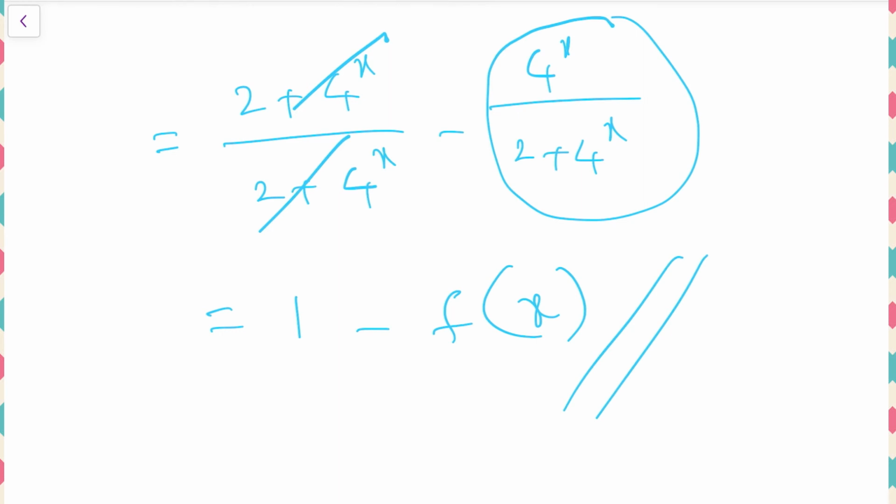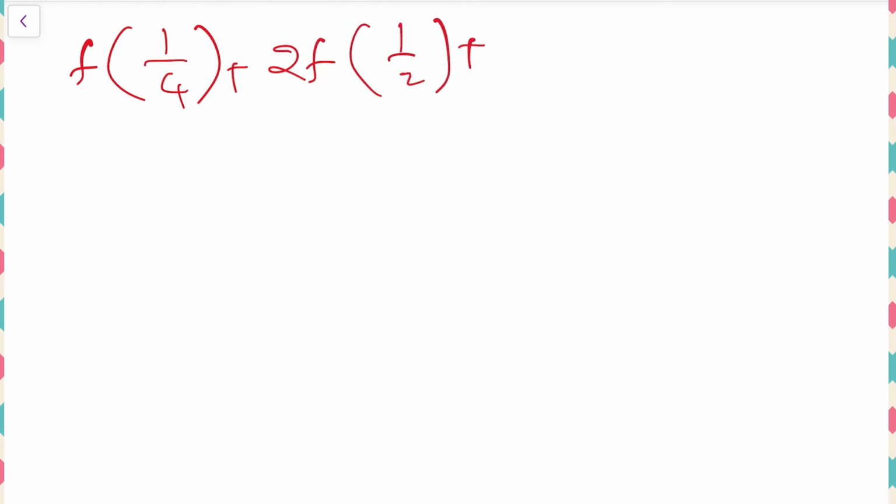Then by using this concept, he is asking to find the value of something. That is, what is the value of f of 1 by 4 plus 2 times f of 1 by 2 plus f of 3 by 4.